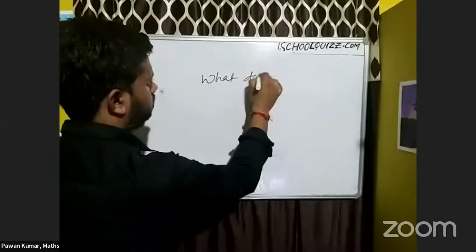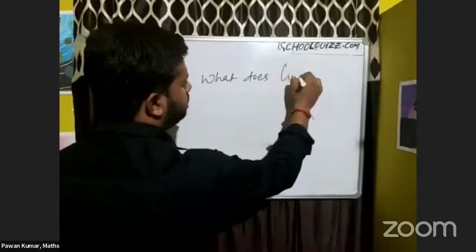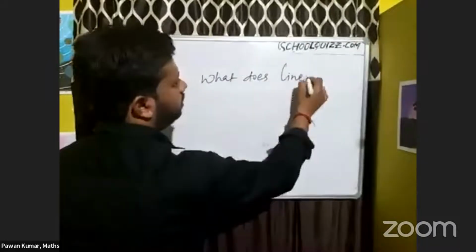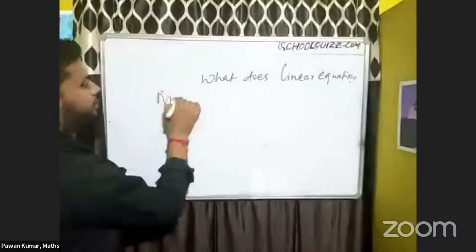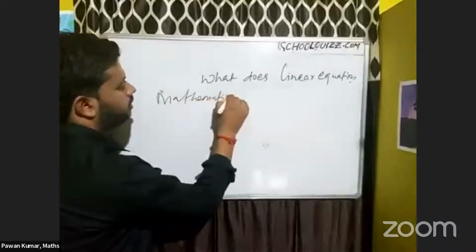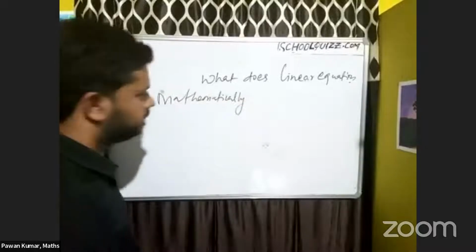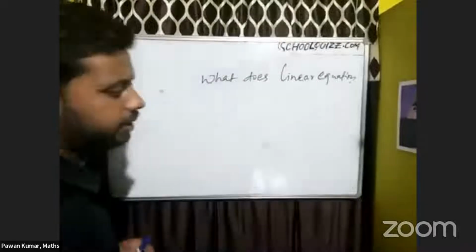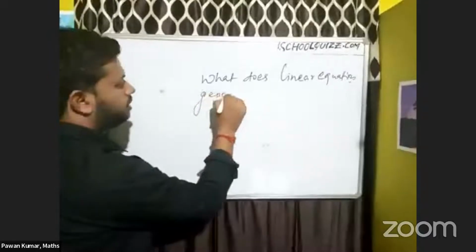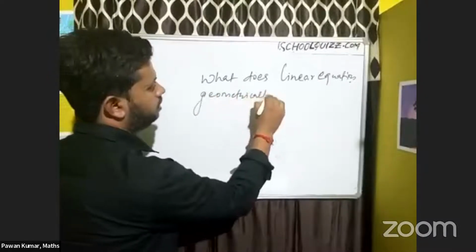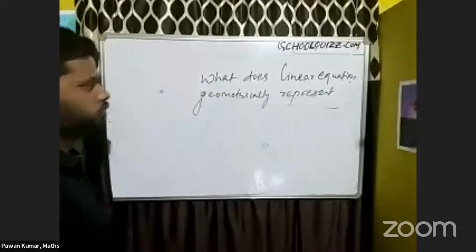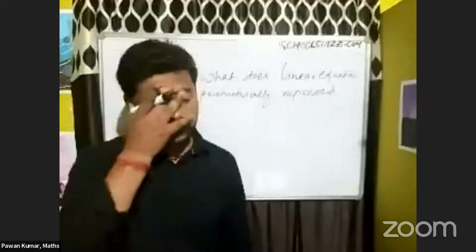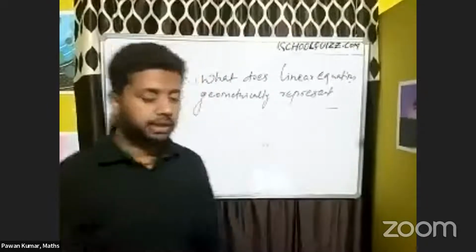What do linear equations geometrically represent? Geometrically, linear equations in two variables, what do they represent?